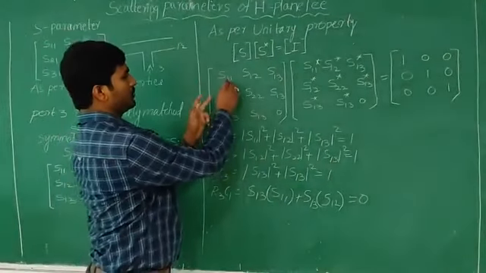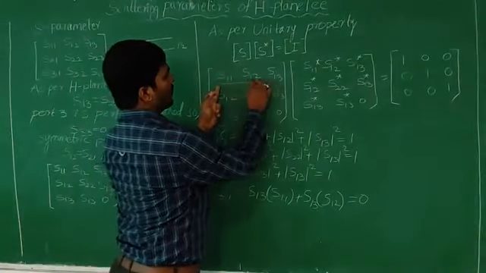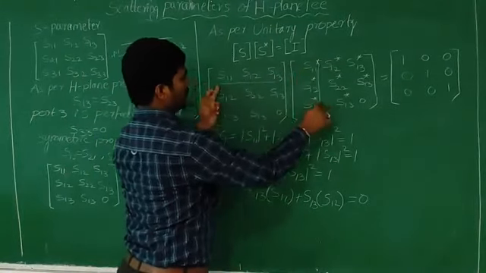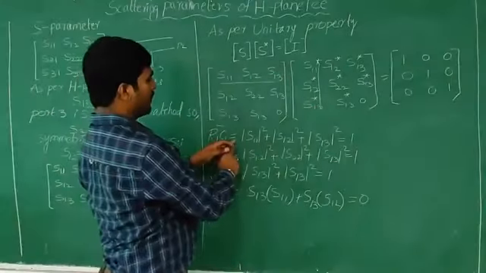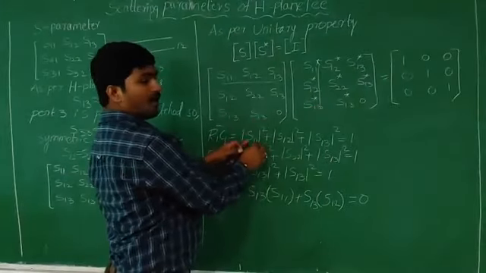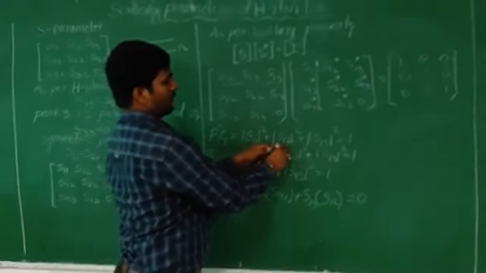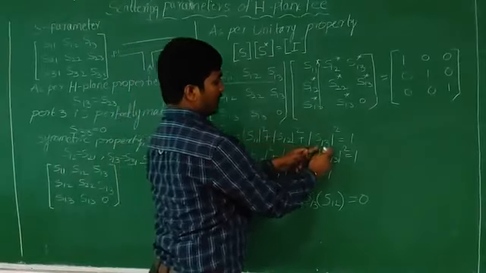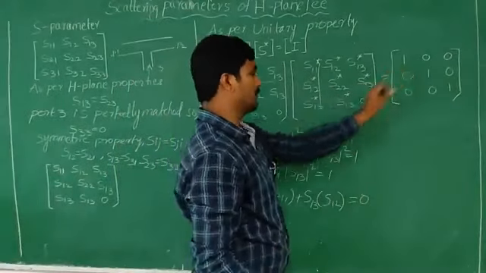Now first we are going to multiply row 1 column 1. R1 C1 we can write as modulo of S11 squared plus modulo of S12 squared plus modulo of S13 squared is equal to 1.